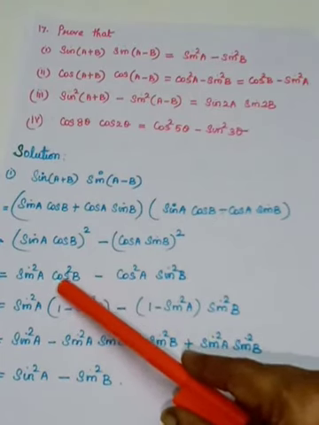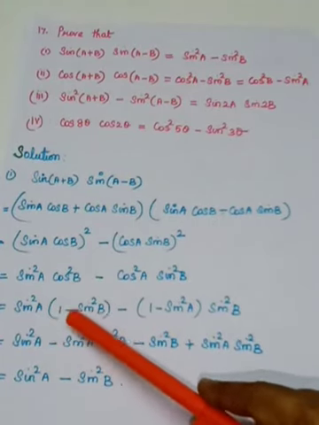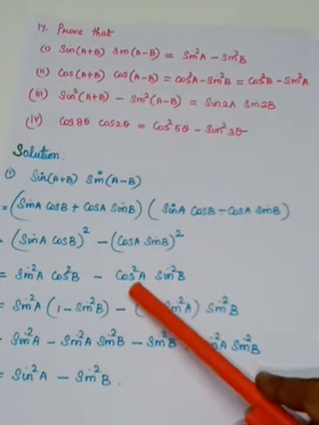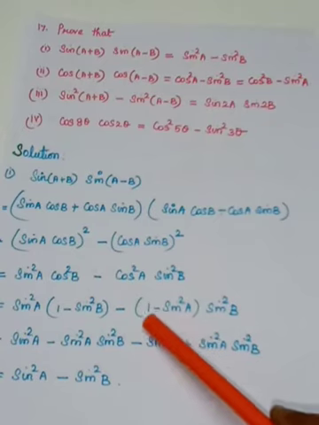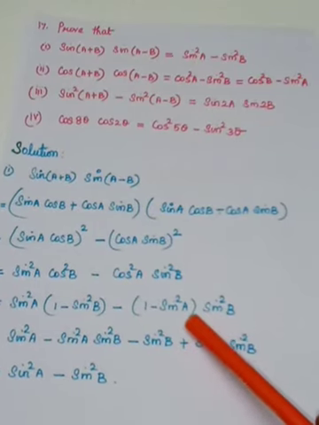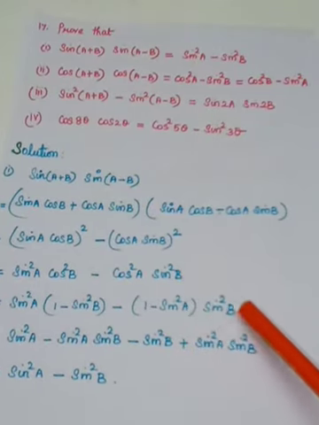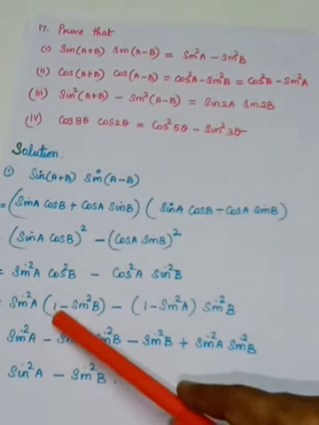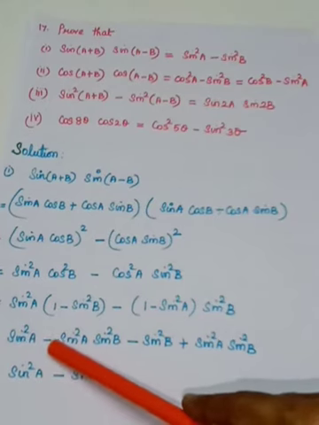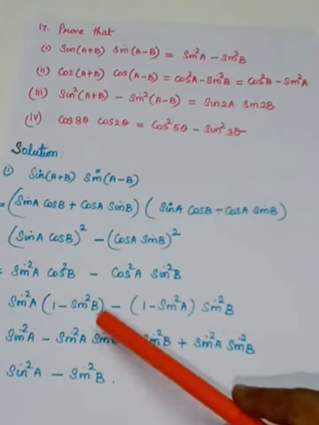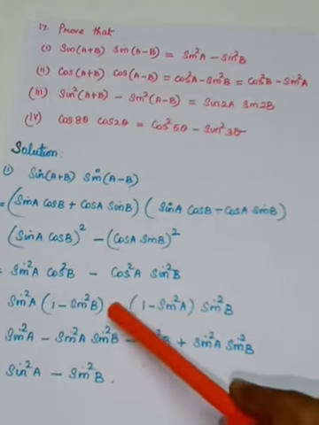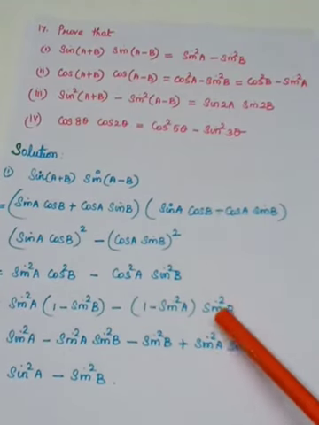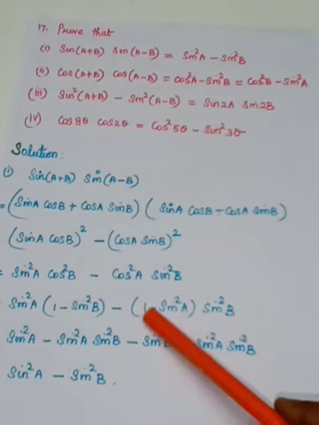Sin squared theta plus cos squared theta is equal to 1. So cos squared b can be written as 1 minus sin squared b. And here also you don't want the cosine term. So this cos squared a can be changed as 1 minus sin squared a. The remaining is sin squared b. So you multiply with sin squared a. Sin squared a into 1 is sin squared a minus sin squared a into sin squared b. Next, the minus has to be applied. Before that, you have to multiply this term. Sin squared b into 1 is sin squared b.